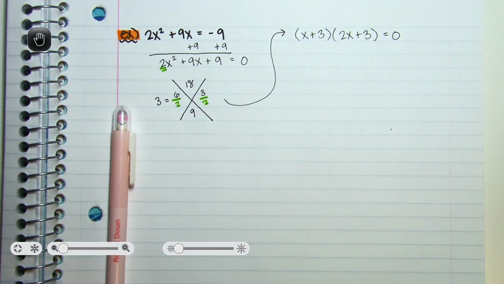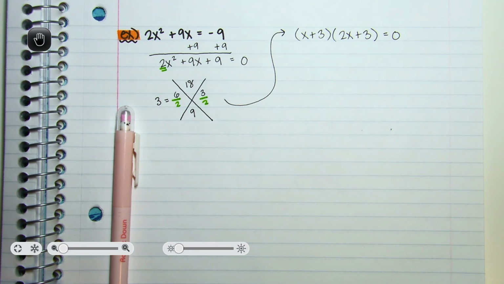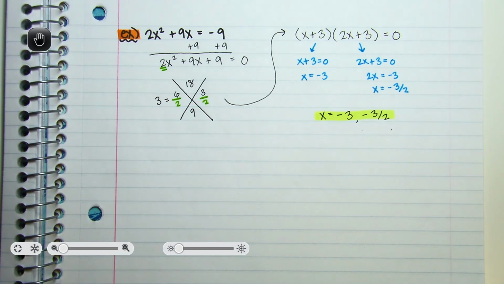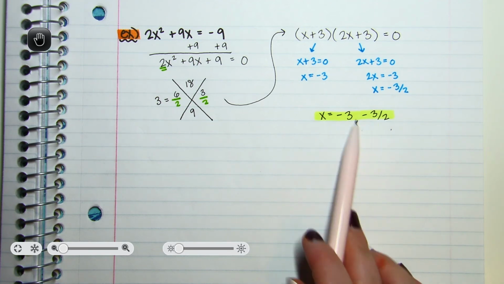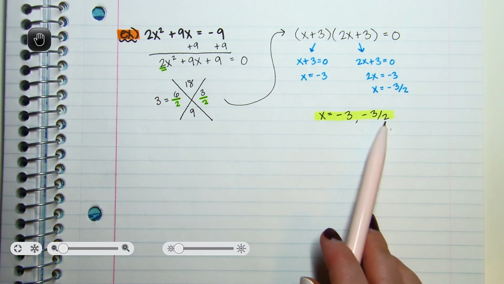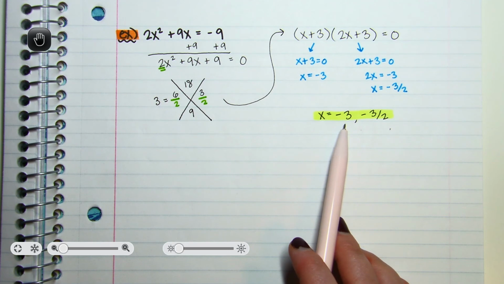Get what your x equals, and then push play when you're ready to check. Go ahead and check your answers. And I want to point out the -3 is written first because -3 over 2 is equivalent to -1.5. So -3 is the smaller number.